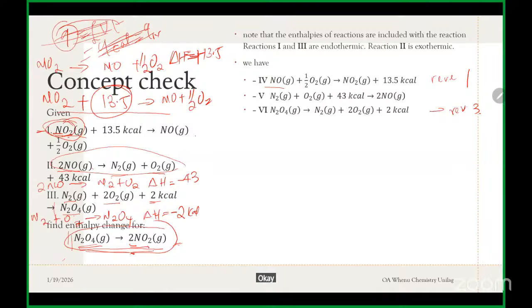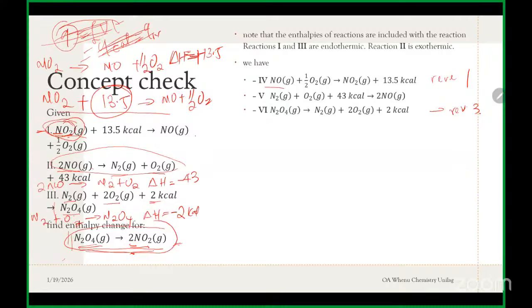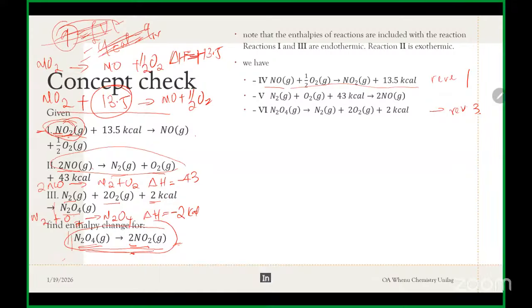Okay, I want to believe we are still following since there is no comment so far. So if you are talking about this place, I have brought it to the product side. In chemical reaction equations, we don't use the negative sign.